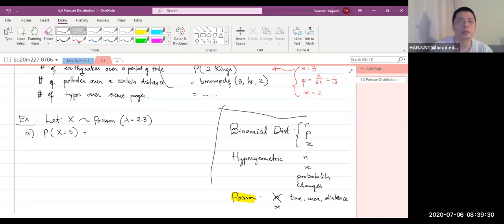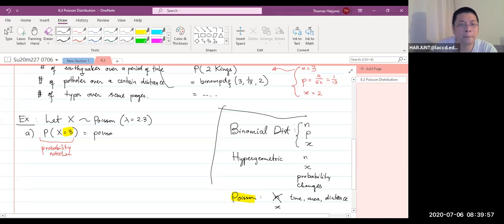Now that's the probability notation. Then the calculator notation, because the number of incidents is 3, will be Poisson PDF.